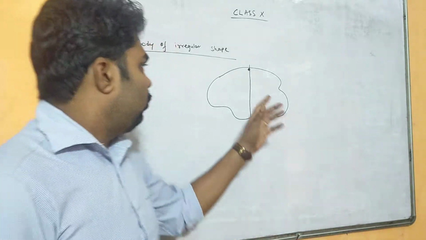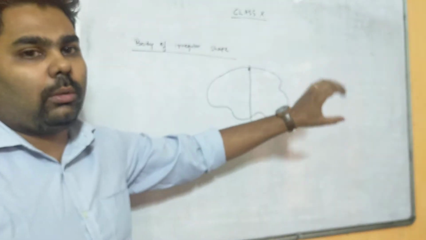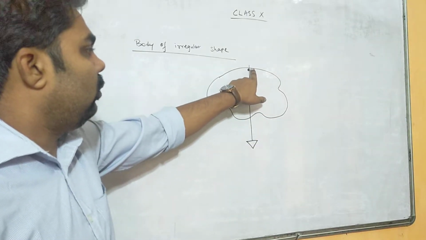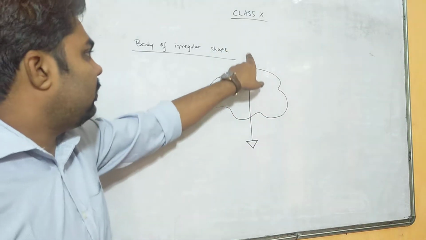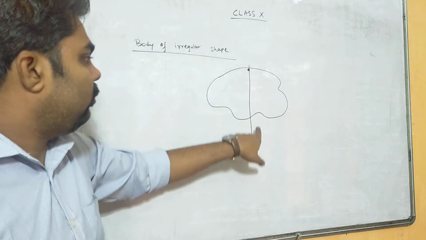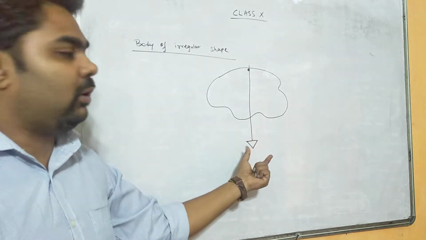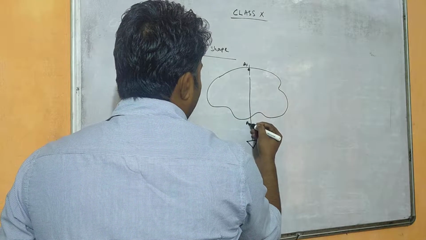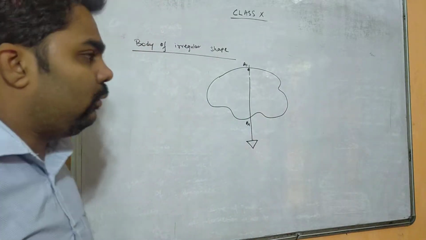So what we have done, we have taken one irregular object whose center of gravity is to be determined. Now we have made one hole here and passed the string through it, and along that string we have suspended one plumb line. Let us mark this as A1 and B1.